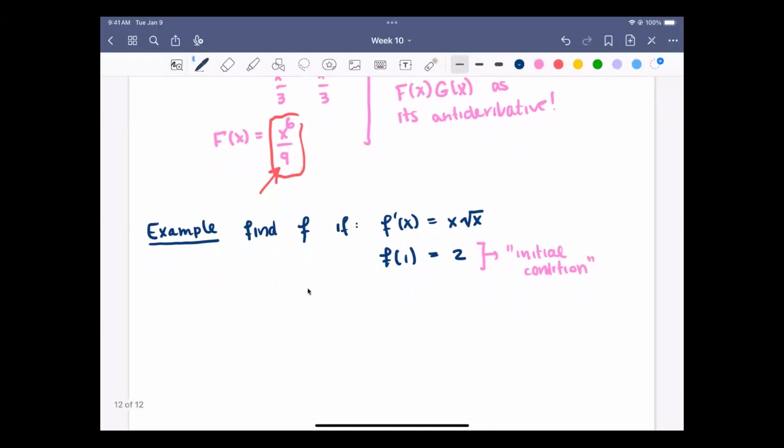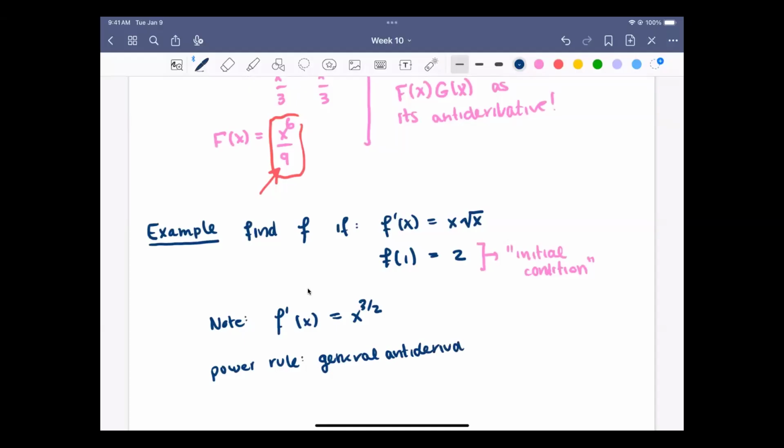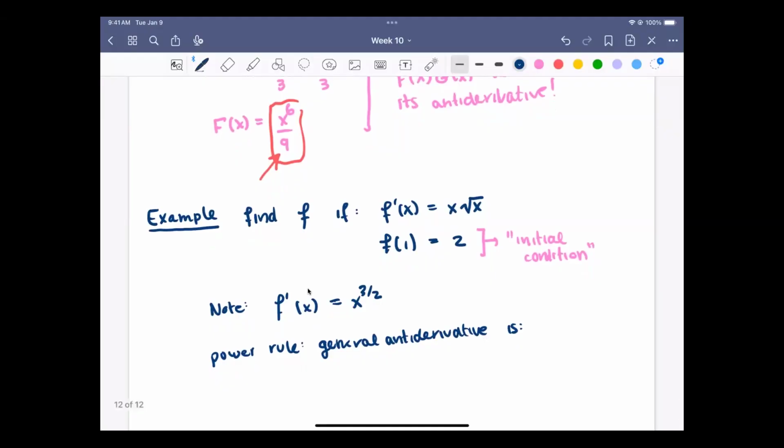So let's just note that we can rewrite f prime as x to the 3/2. And then I'll use the power rule. So by the power rule, I get that the general antiderivative is, okay, adding 1 to 3/2 gets 5/2, right?